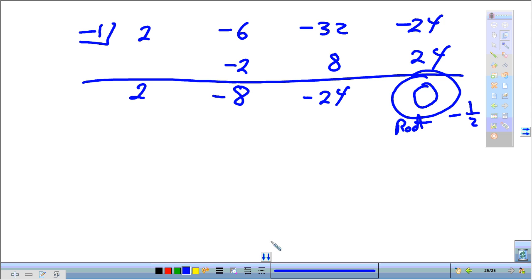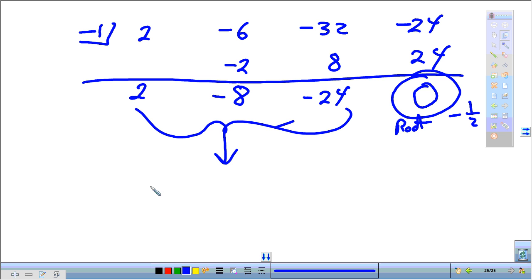Now, as far as factors, if I look at this last row, 2, minus 8, minus 24, well, the modification I did at the beginning, I have to undo that. So I multiplied by extra 2's.